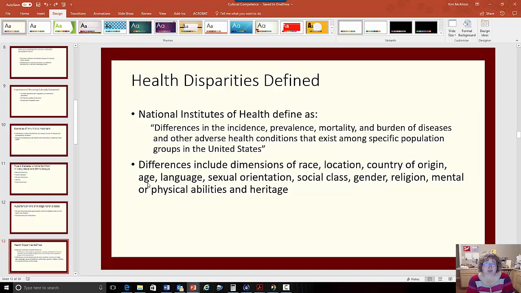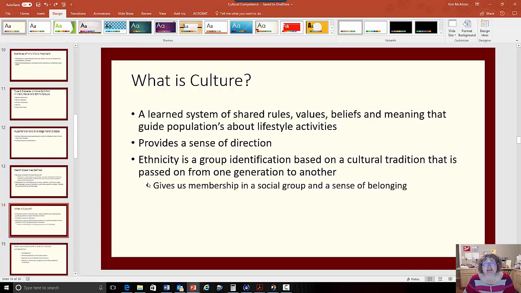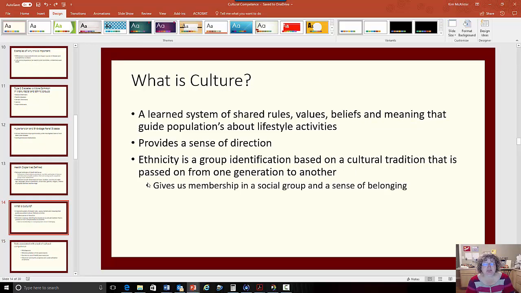So there are a vast array of ways that health disparities can impact people and impact access to care. So it's important to be aware of those and to be sensitive to them.